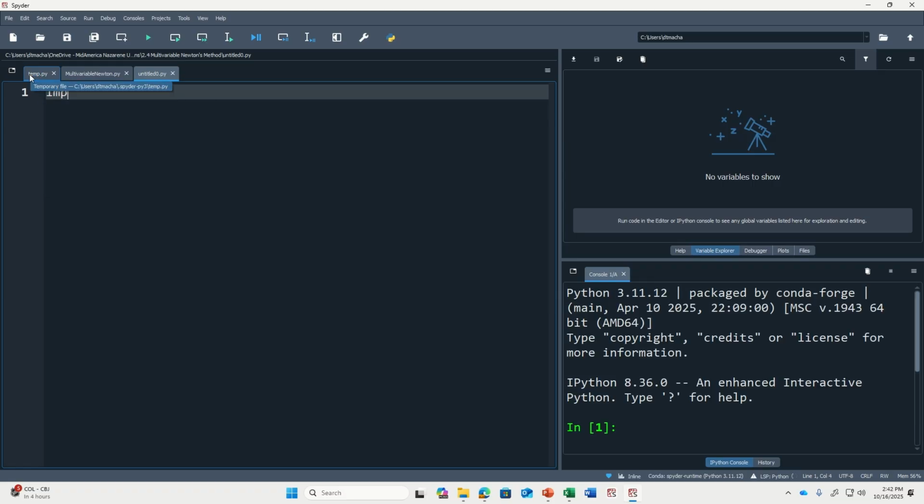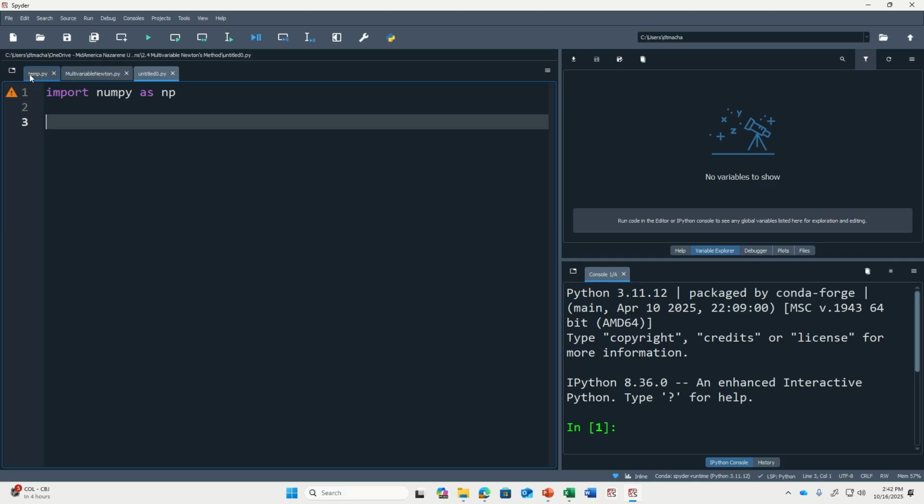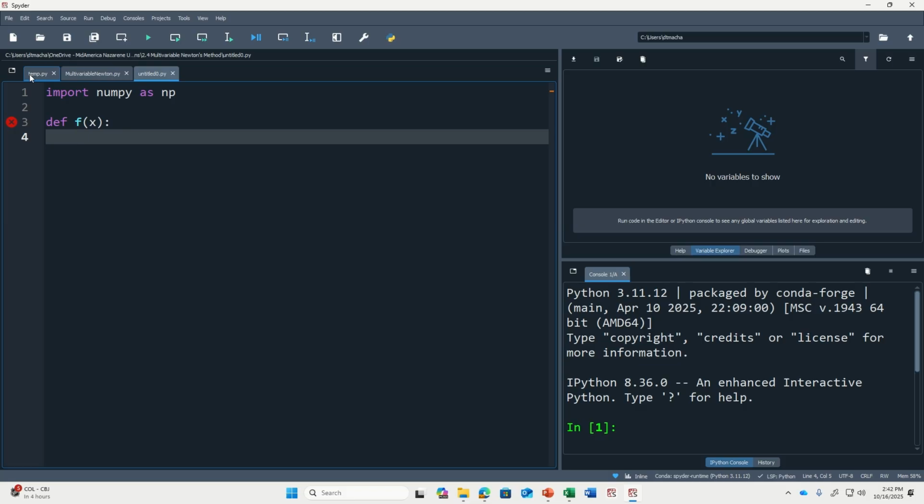So we're going to import numpy as np. And then we are going to give a place where we can define a function. Let's make it the natural log function.